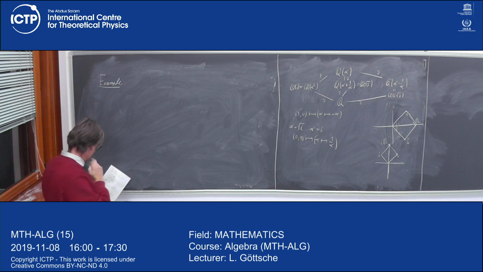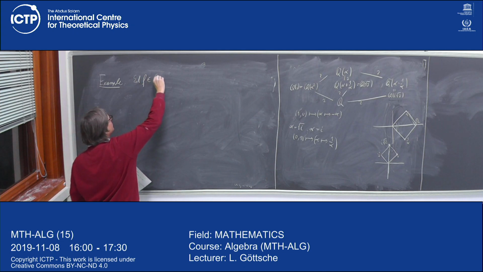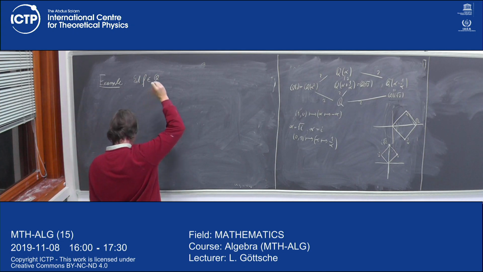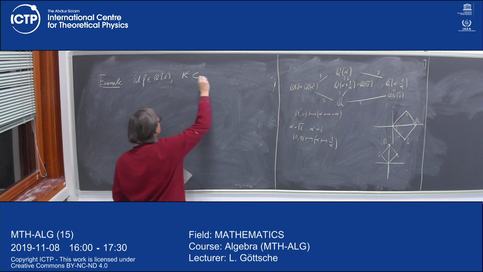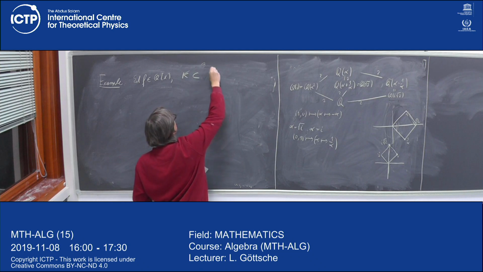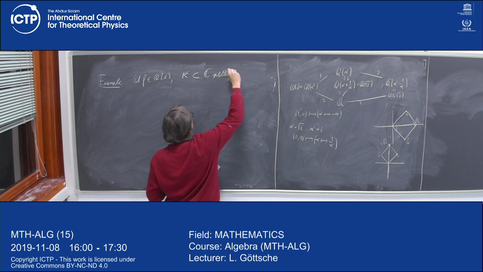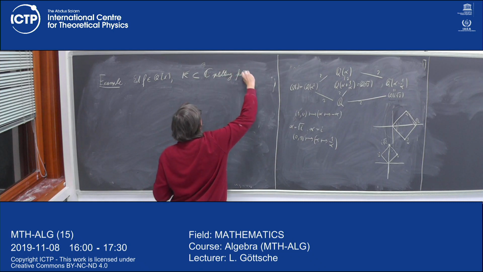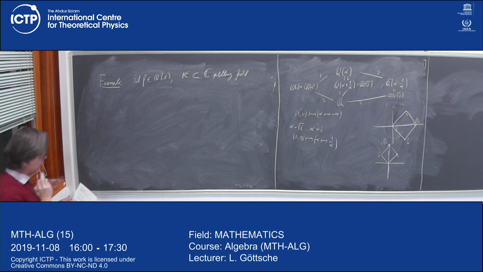Assume we take a polynomial f, say with coefficients in Q, and K inside C is its splitting field. Then we can always look at the complex conjugation.